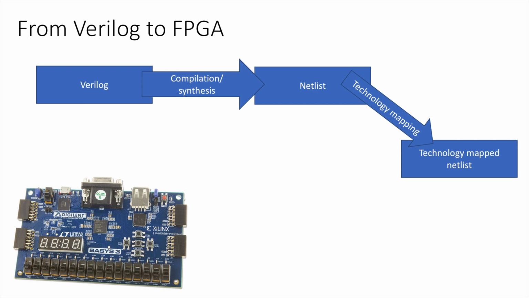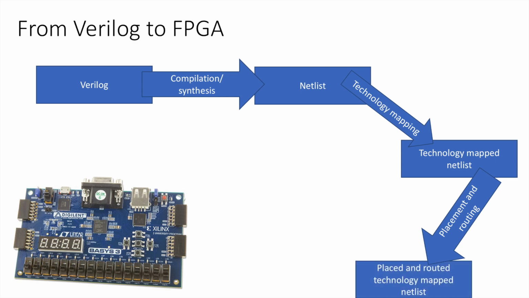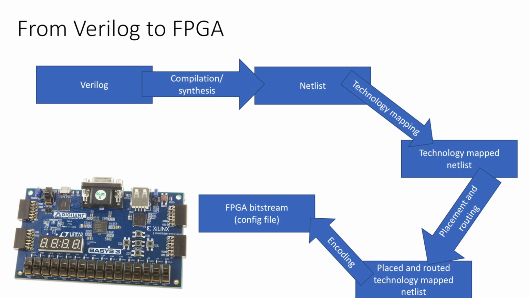And these technology mapped netlists need to be placed and routed for the FPGA chip that we target. And this new netlist needs to be encoded into a format that the FPGA will understand. And this is usually called FPGA bit streams. And these FPGA bit streams can be loaded onto the FPGA board that we're interested in.